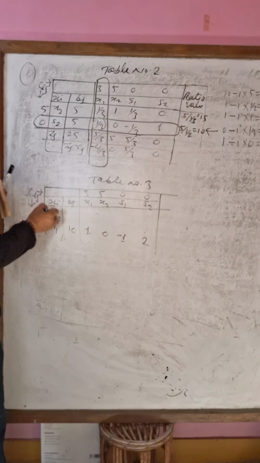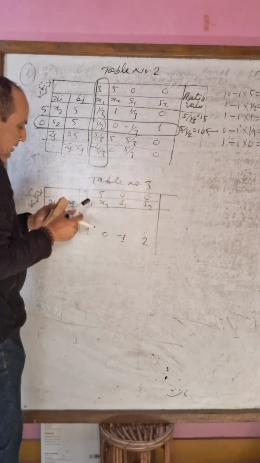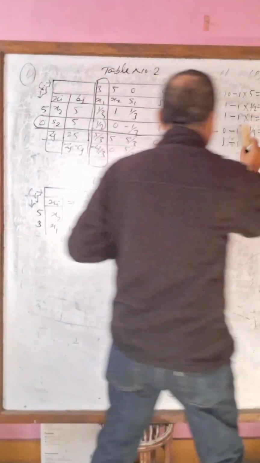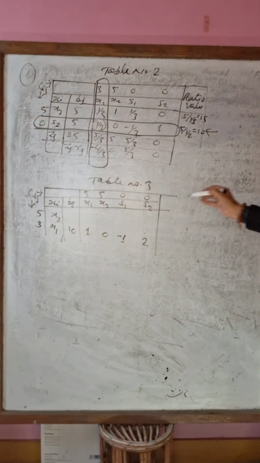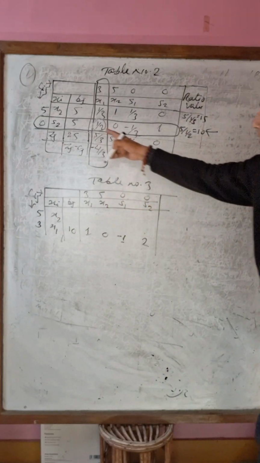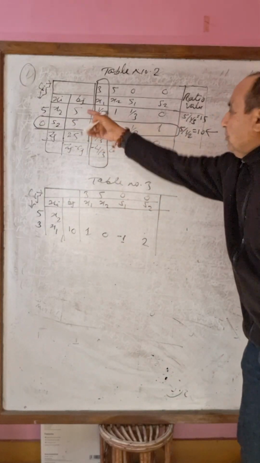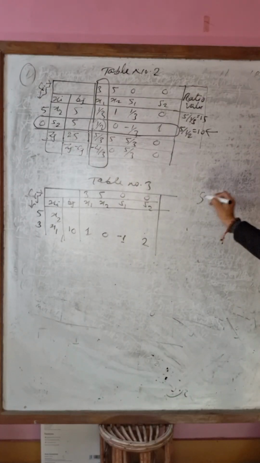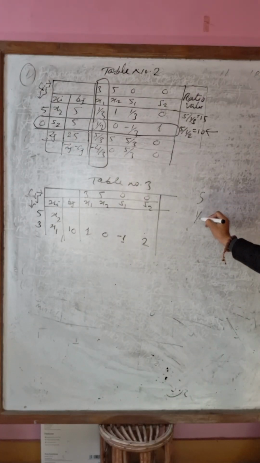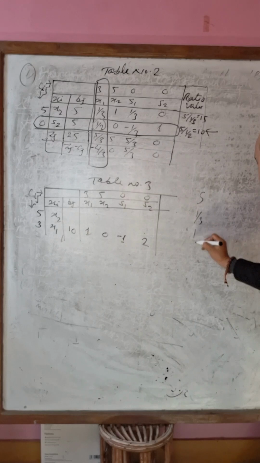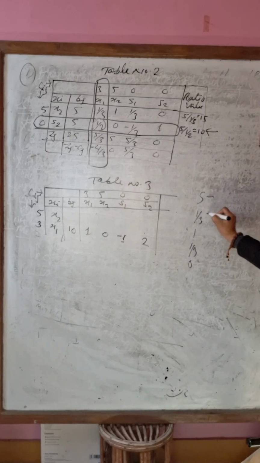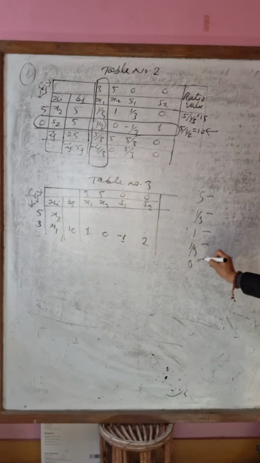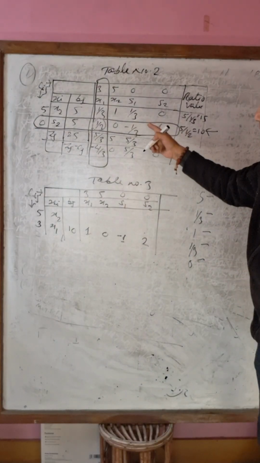Now for R1, in the same manner as what we did previously, you write the value 5, 1 by 3, 1, 1 by 3, and 0. Now you subtract the key element.